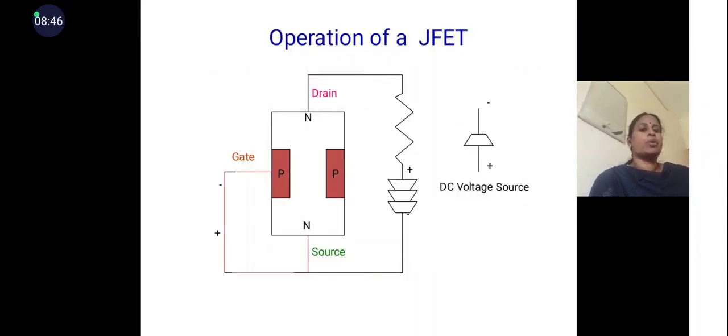Here we can see the operation of JFET. Initially there is no voltage source given to the JFET, so at that time the channel is fully free, so that the current can flow from drain to source without any disturbance.